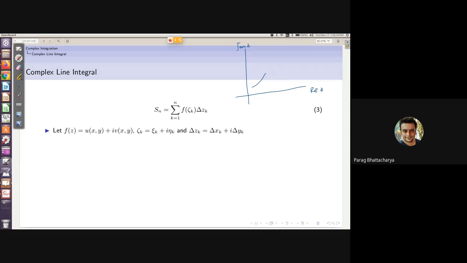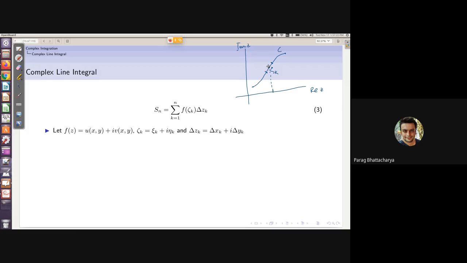On this plane we have a curve, that curve is C. Now we divide this into small segments. In this segment there is a point, that point is your zeta k, right? Zeta k is a point on the complex plane, so it's a complex number only.